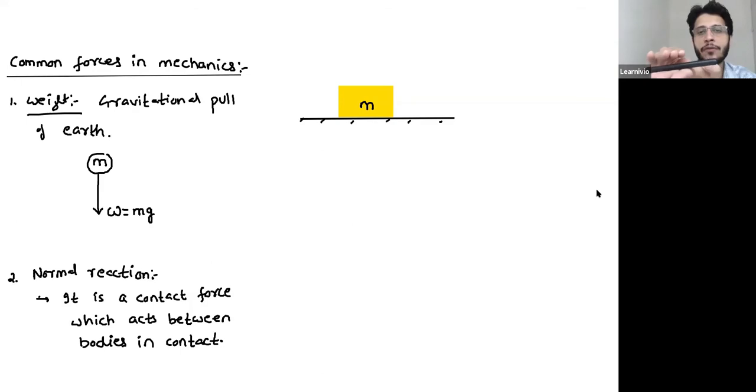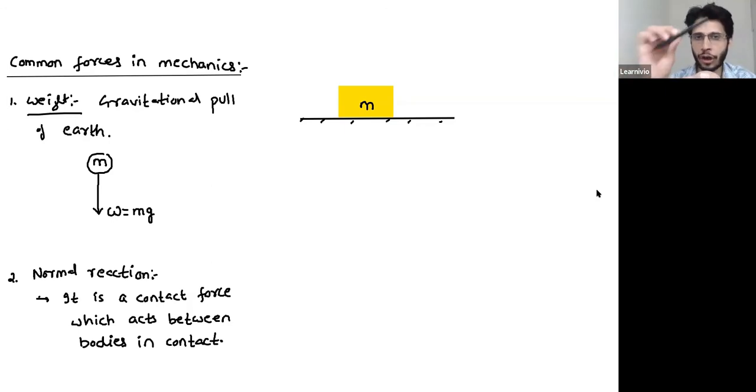But the net force over the pen is zero. That means there is one more force which is acting on the pen, and that force will balance the weight. I'm repeating again. If I place this pen over my hand, the gravitational pull of Earth, which is known as weight, is acting over the pen.